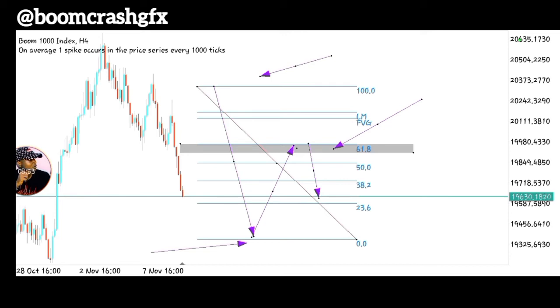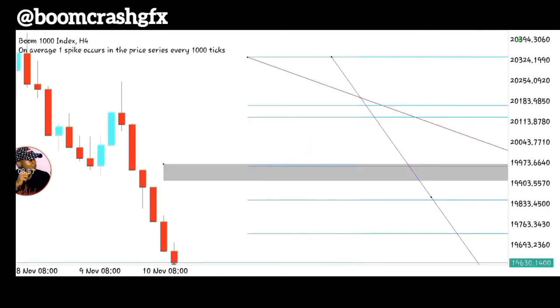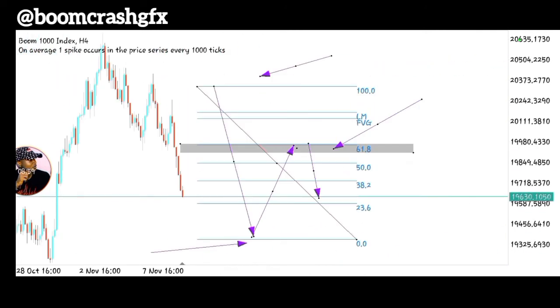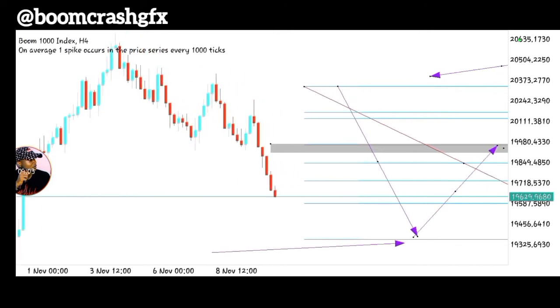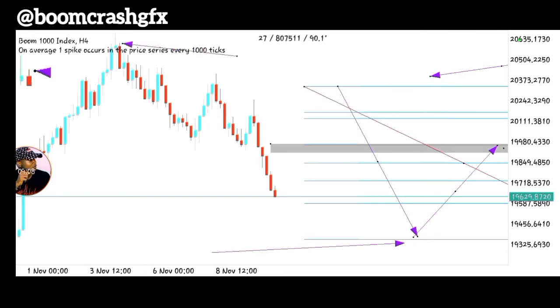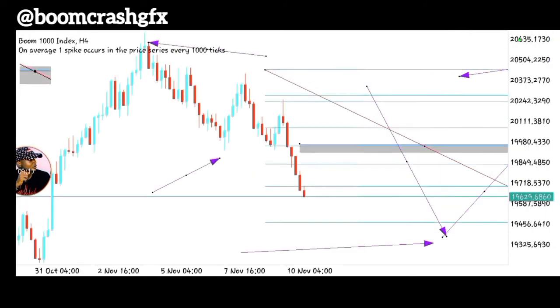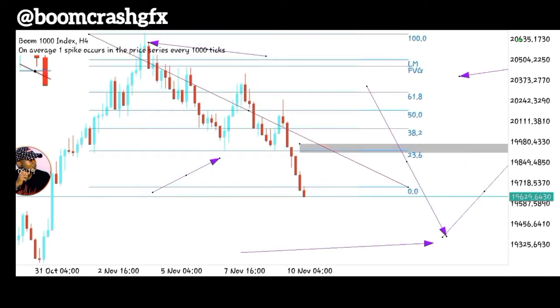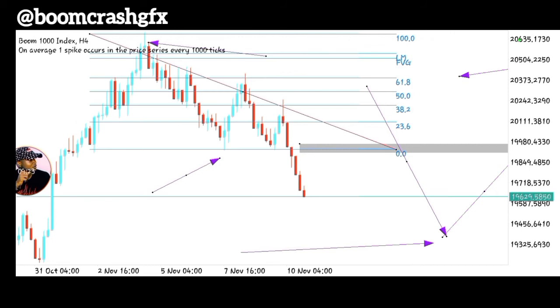So if we are mounting this, let's say in this present market, Boom 1000, we have this very peak and we have this low here. If you are mounting your Fibonacci from this place to this very point, what do you see?